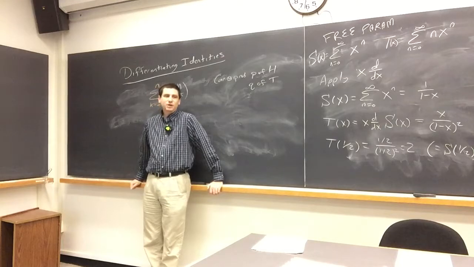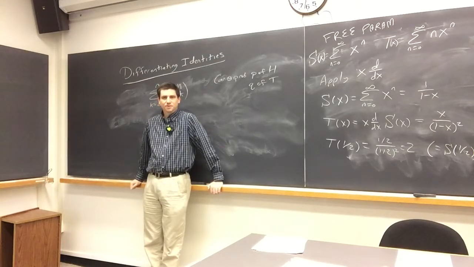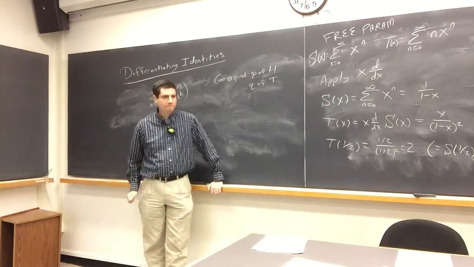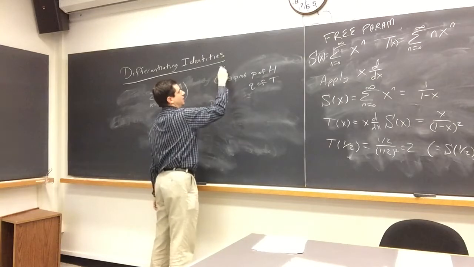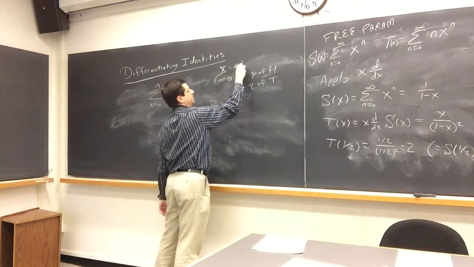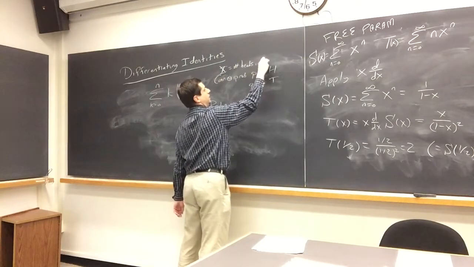Now, if this is a probability, what can you tell me about q? 1 minus p. So, say x would be the number of heads in n tosses.